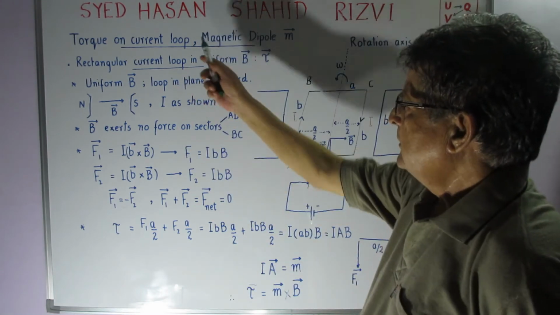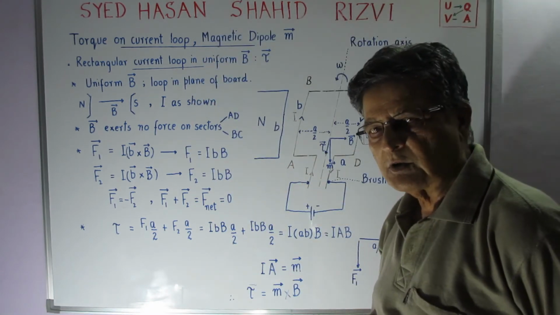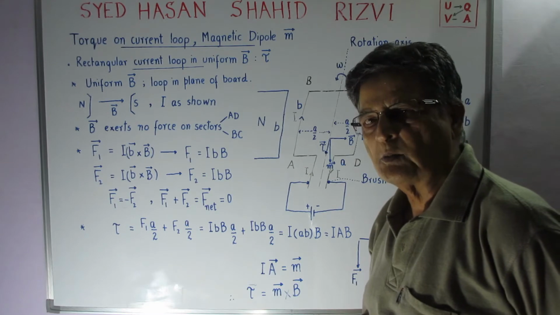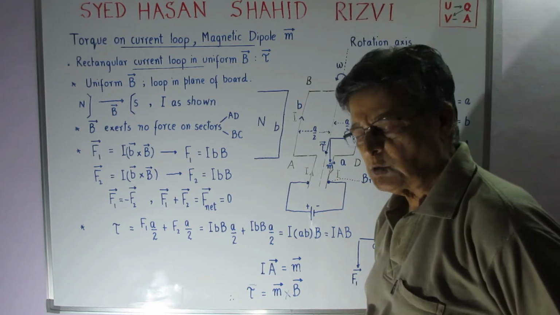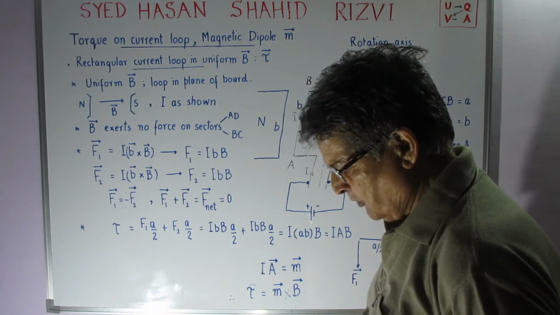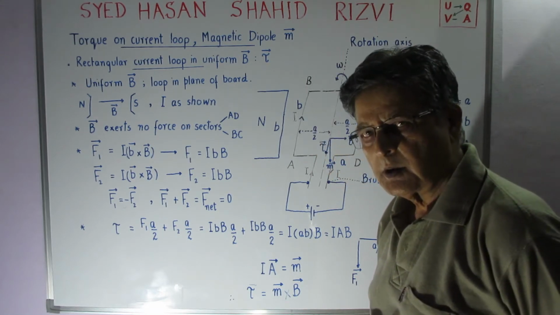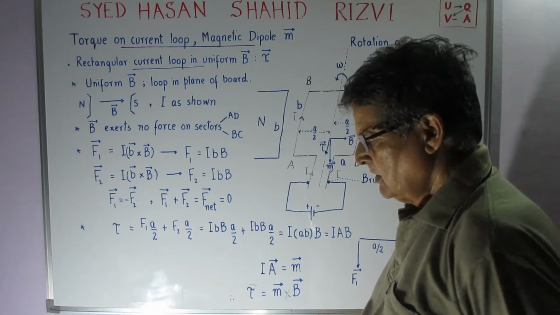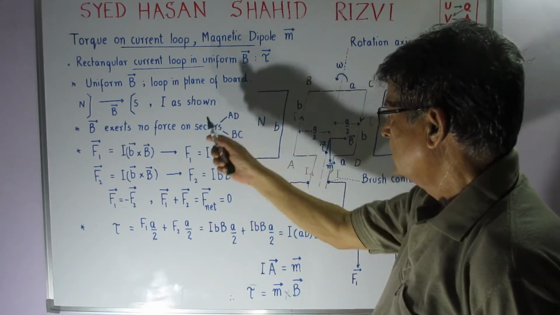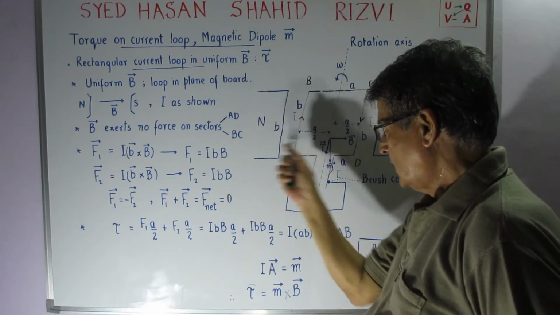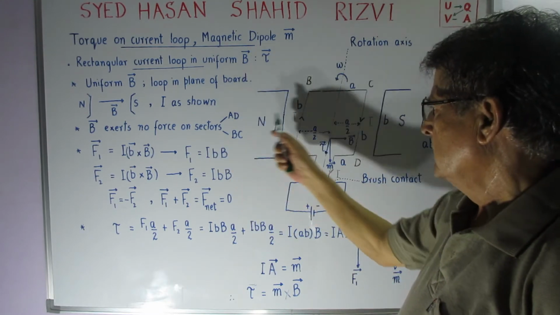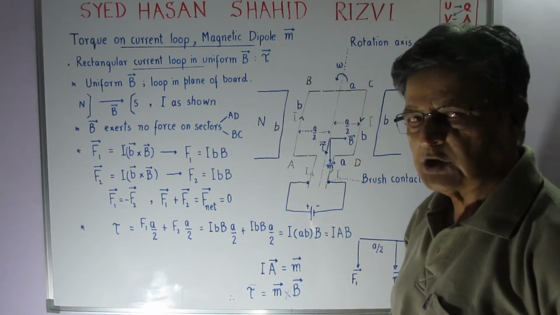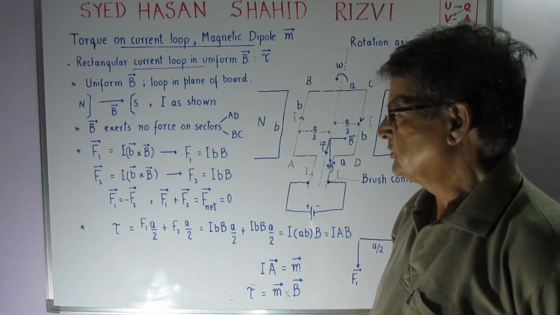The torque on a current loop, and we define what is known as magnetic dipole moment M, which is similar to the electric dipole moment P that we had between two charges minus Q and Q, running from minus Q to Q. This was equal to the separation between the two charges multiplied with the charges.